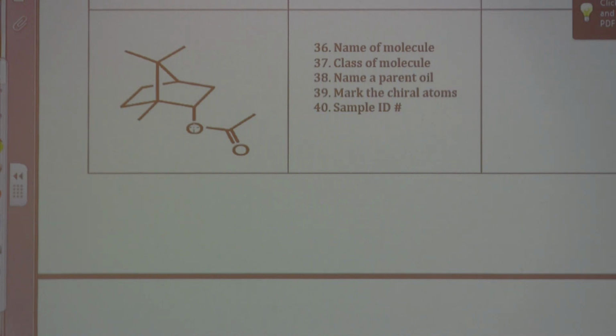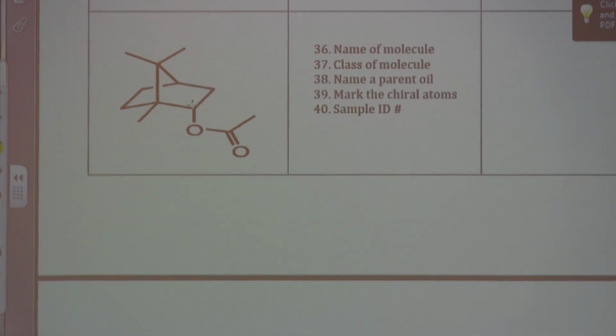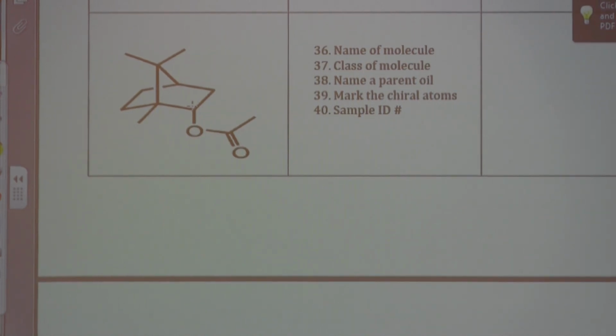And if this group were not here, it would be symmetric and there would be no chirality. But if you could draw, you would draw the asterisk here, here, and here. Those 3 carbon atoms all have 4 distinctly different groups hanging off it. And the sample ID was number 3.